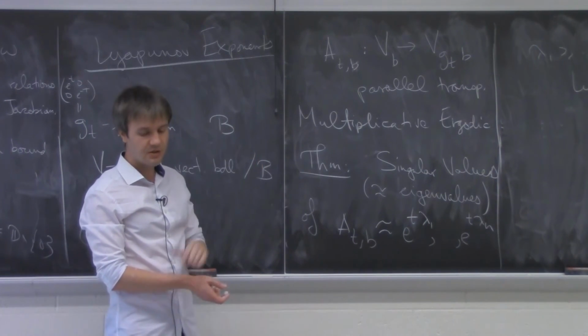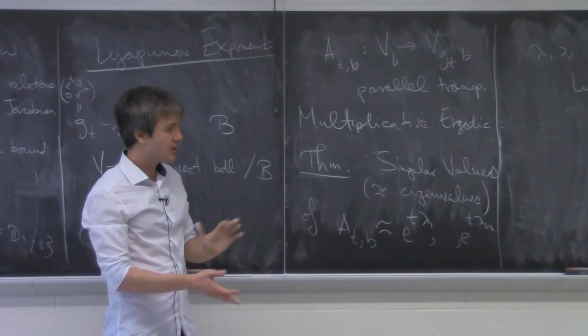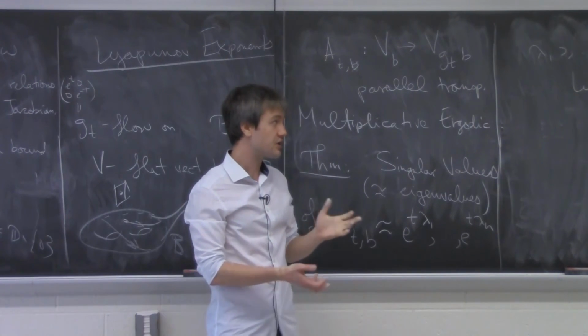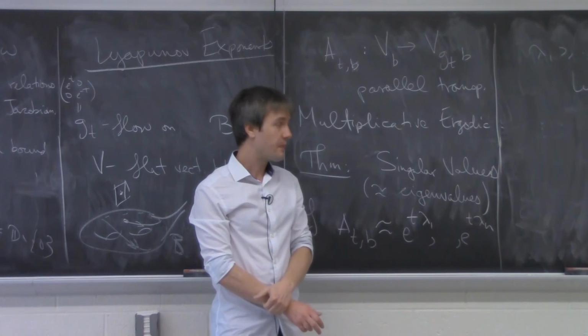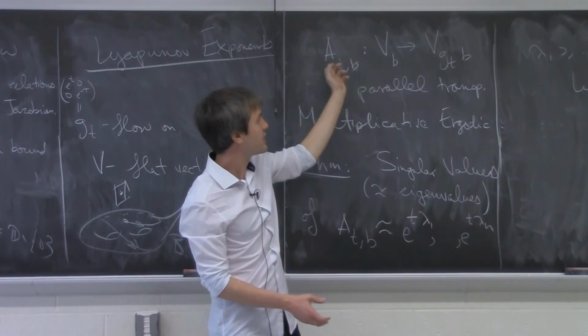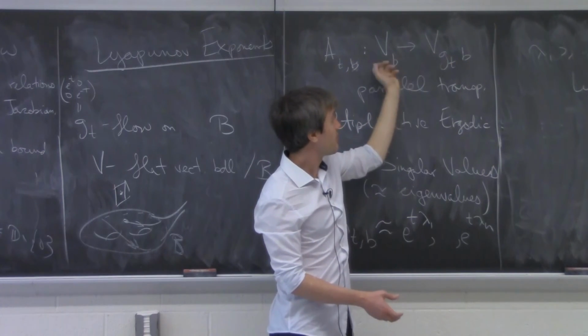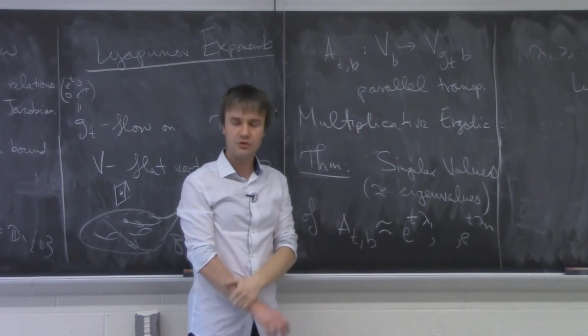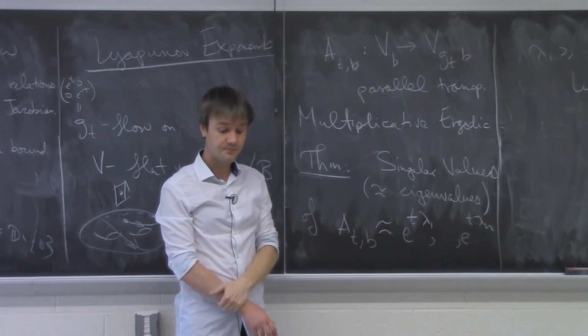So these are the numbers that appeared before. And the rationality of the sum is a theorem that really uses the Hodge theory of the picture. Even though these are purely topological quantities, you only needed the parallel transport, to study these you really need to use the analytic part.